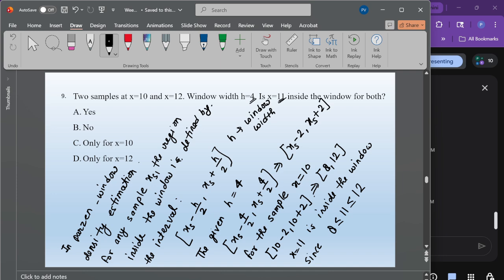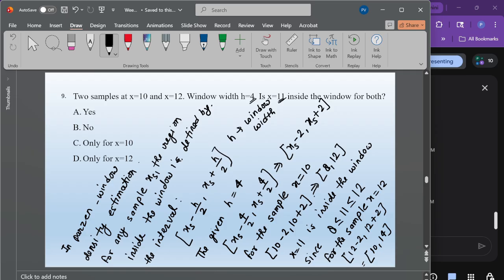Similarly, we need to check for the other sample also. So for the sample x is equal to 12, we have 12 minus 2 and 12 plus 2. So here we will get 10 and 14, right? So the lower bound is 10 and the upper bound is 14.